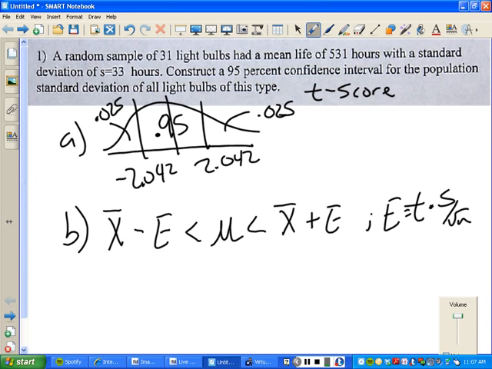Okay. Now, part C is going to be to do the work.